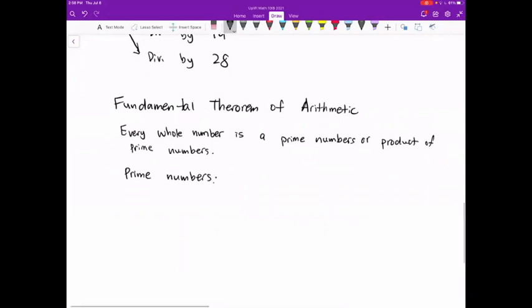And do note that 0 is not a prime because 0 is divisible by everything, so it has more than two distinct factors. And 1 is not a prime because it does not have two distinct factors. It only has one.